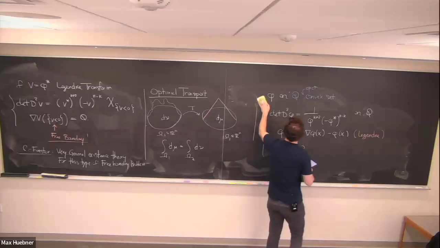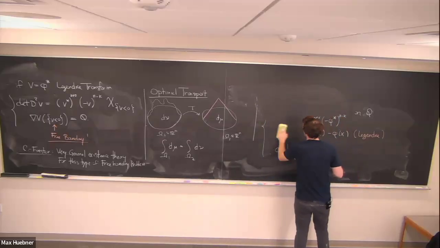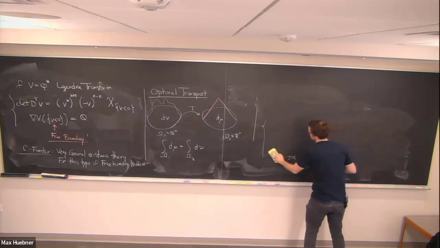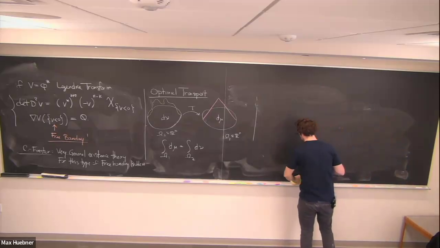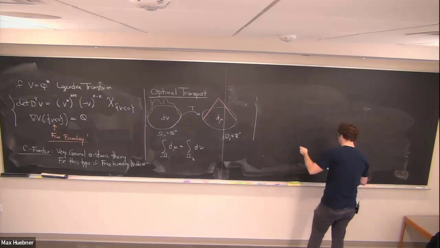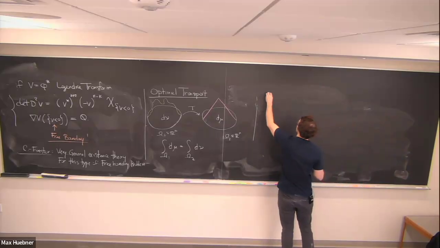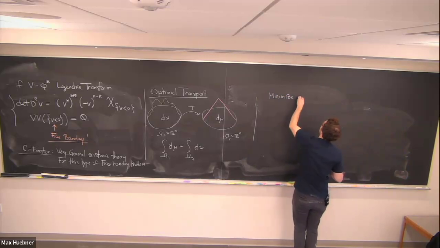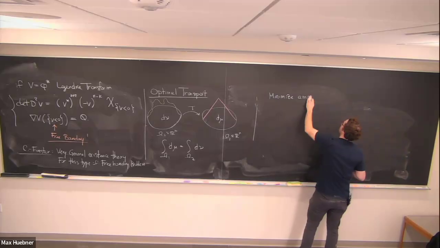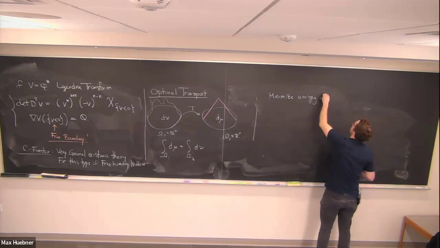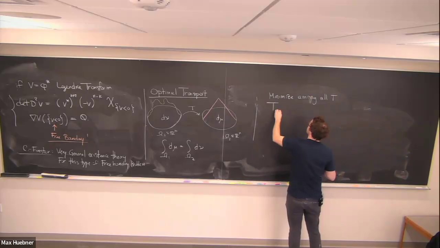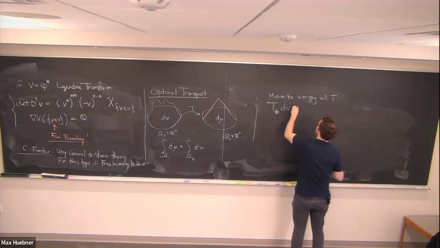Okay, and then you want to minimize some cost. Maybe the most natural cost is the one which is just the distance between 2 points. That turns out to be pretty hard. So the next most natural cost is, so you want to minimize among all t such that the push forward of d nu is d mu.